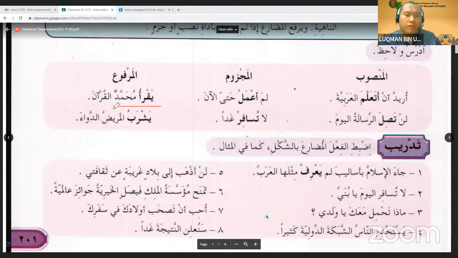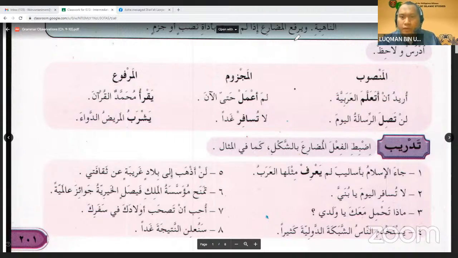Muhammad reads the Quran. يشرب المريض الدواء. The patient, the sick, drinks the medicine, or takes the medicine. يشرب. Okay, so it ends with ضم, المرفوع. Hope that's clear.